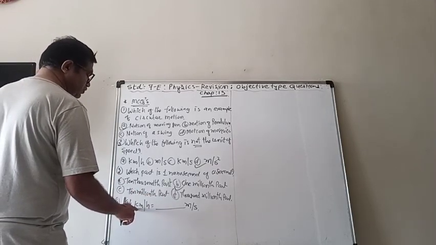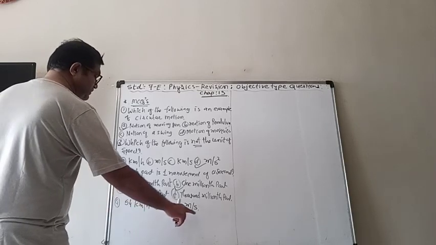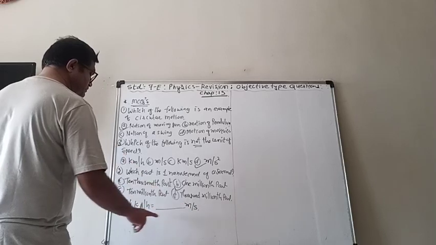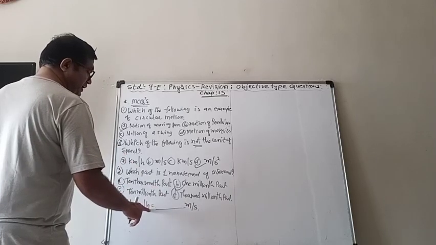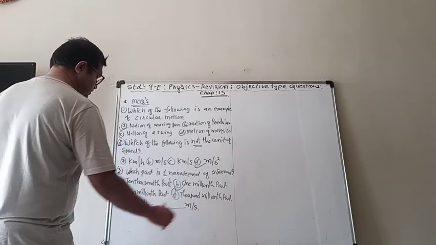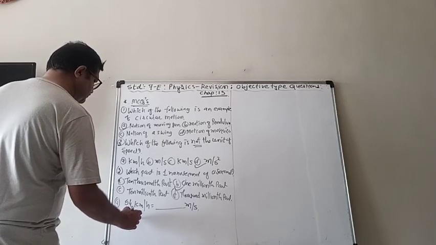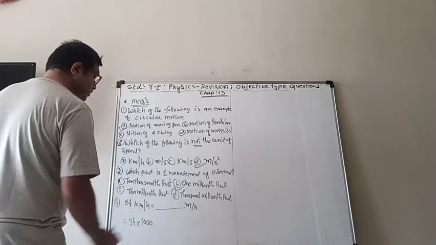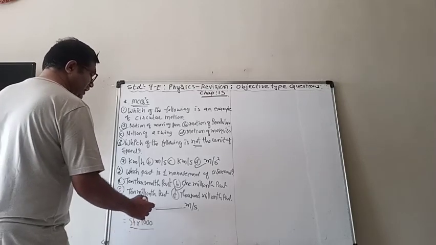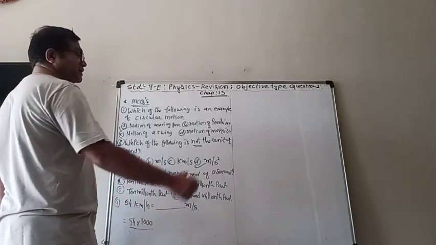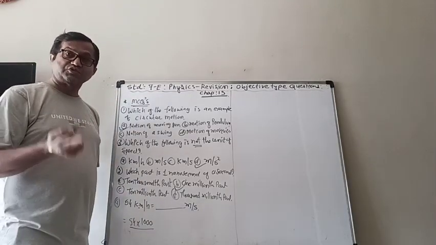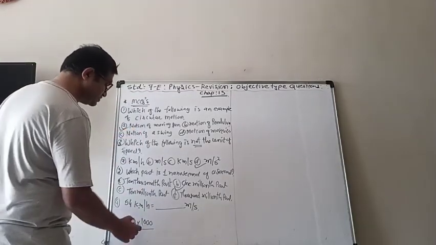When we want to convert it into meter per second, kilometer must be converted into meter in the numerator, and hour into second. So E is equal to 54 multiplied by 1 kilometer is 1000 meter, and 1 hour is how many seconds? 1 hour is 60 minutes and each minute is 60 seconds. So 60 multiplied by 60.